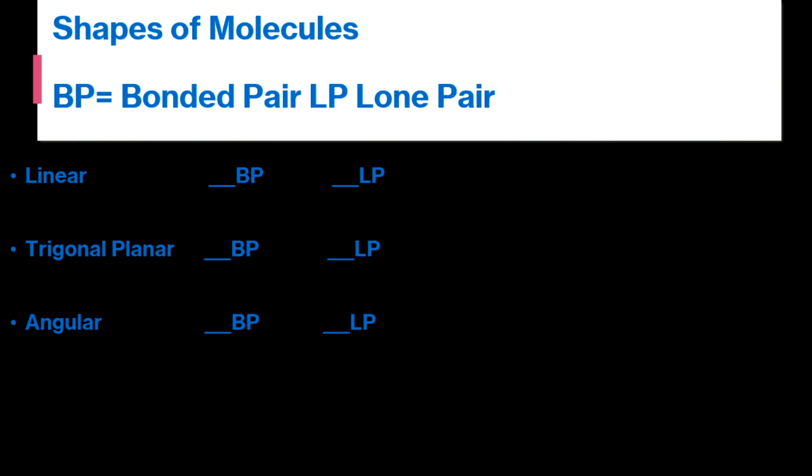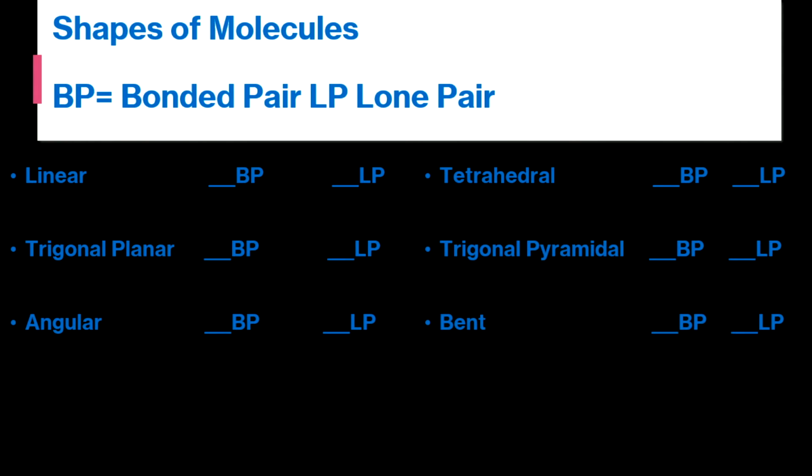So let's do a recap over these types of molecules. So specifically looking up as far as 4 electron domains. If a molecule is shaped linear, it's going to have 2 bonding pairs and 0 lone pairs. Again, we're focusing on the central atom.